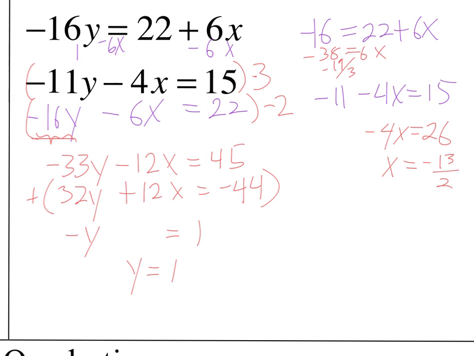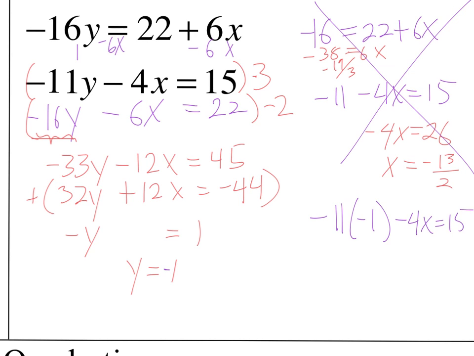It might have been nice if I had noticed that negative y equals 1 means that y equals negative 1, because those obviously didn't come out to something that was worth getting as an answer, because they don't match. So this stuff is not correct work. So we got negative 11 times negative 1 minus 4x is equal to 15.